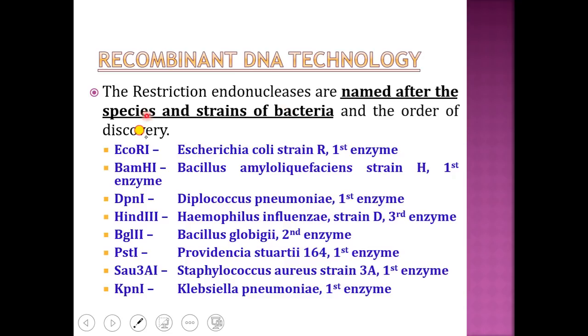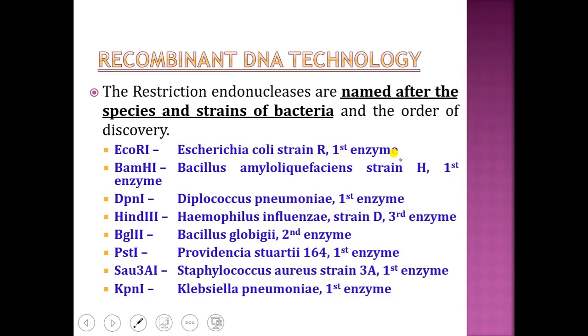For example, here you can see EcoRI, the most commonly used restriction endonuclease. Eco means it is derived from the Escherichia coli strain R, and it is the first enzyme of this strain. So that is EcoRI.